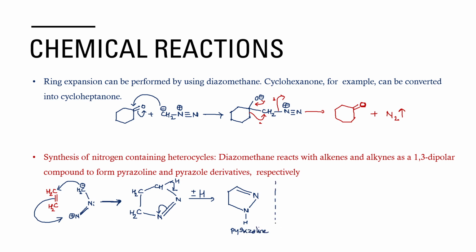If I perform a reaction with an alkyne, C triple bond CH, then a similar reaction will go on, but then you will get a pyrazole, an aromatic compound.